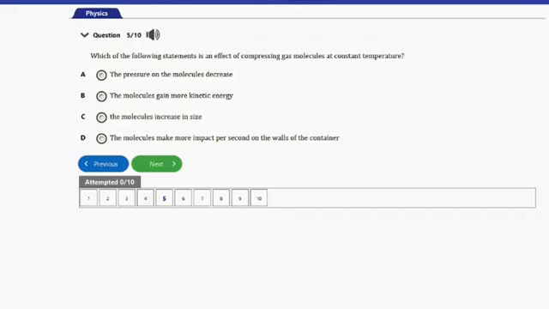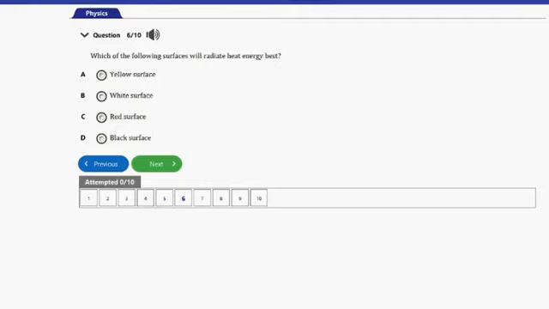D. The molecules make more impact per second on the walls of the container. The answer to this question is option D. The molecules make more impact per second on the walls of the container. And that's it for this question. So let's go ahead and consider the next question. That's question number 6.